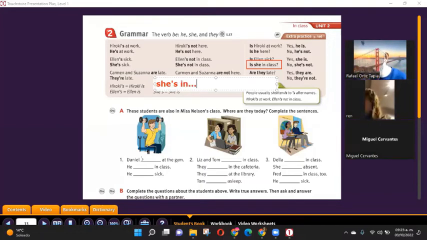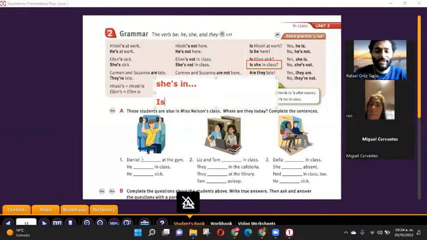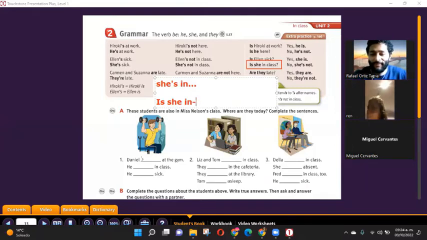Entonces, what we don't want to say is she is in, but she's in. Or is she in? So when you're making a question, you do it like this.